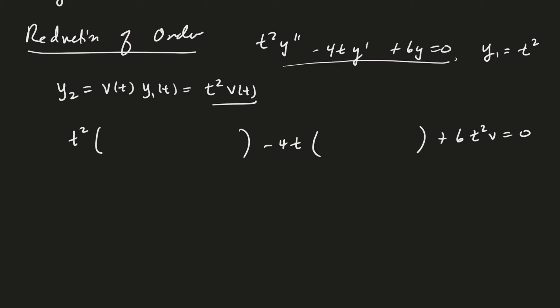Okay, let's see, my first derivative will be 2tv plus t squared v prime, and then the second derivative, t squared v double prime plus 4tv prime plus 2v. Okay, so you might take a moment to compute those just to verify.